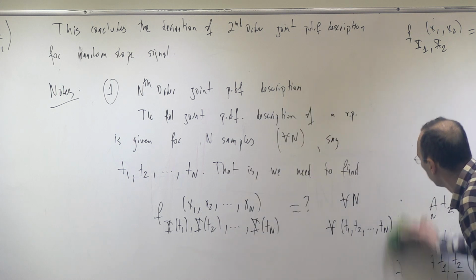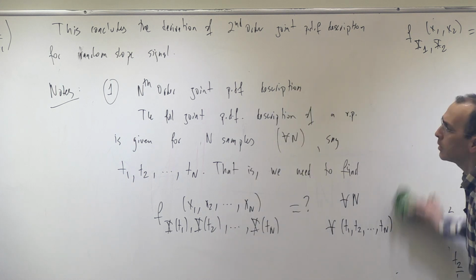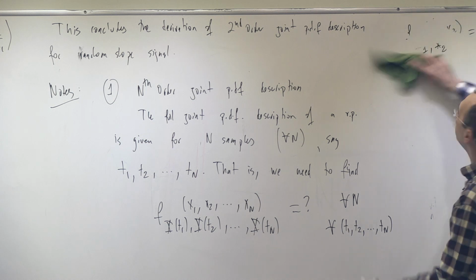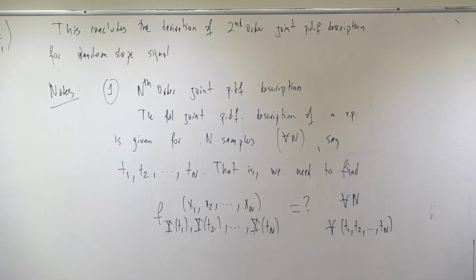Actually, what we do is reduce the description of random processes to joint p.d.f description of random variables, as you see. Am I right? So I sample this random process at different times, and I look at their distribution. But you can see that this will be getting more and more difficult if I get more and more samples.